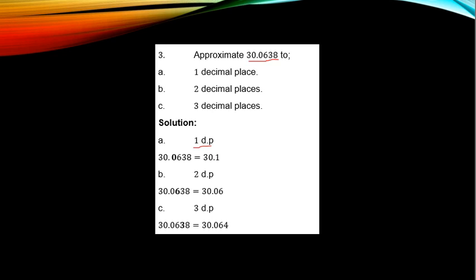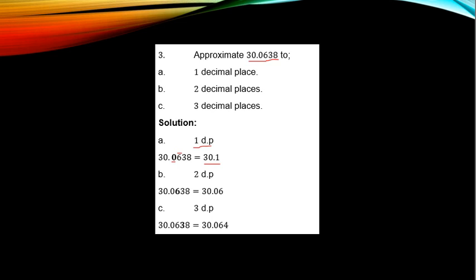After the point, the first number is 0. So for this 1 DP, you have to look at 6, the next number, which falls in the category of rounding up to 1. If you round 6 up to 1, add it to 0, it becomes 1. So you have 30.1. Just one number after the point. That is 1 DP.